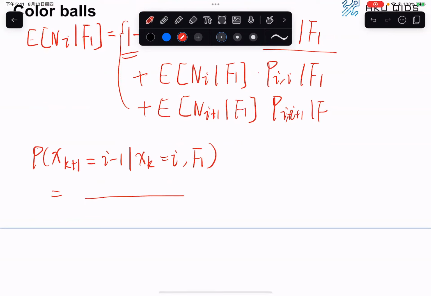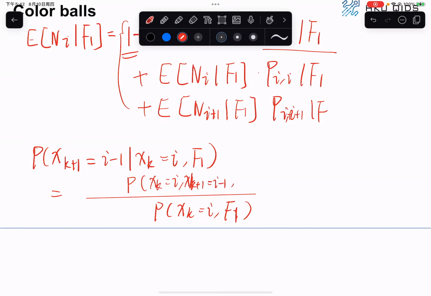It is going to be equal to what? The probability of x_k equal to i given F1, and the probability of x_k equal to i and x_{k+1} equal to i minus 1 and F1.